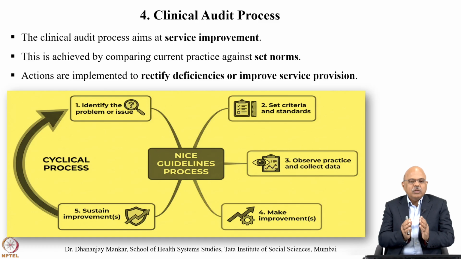So this is the guideline the clinical audit process comes with, and it is a cyclical process, where sometimes you have to work on one and even take this cycle twice or thrice.